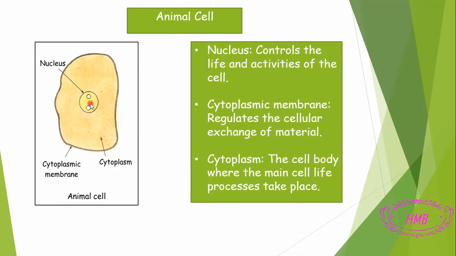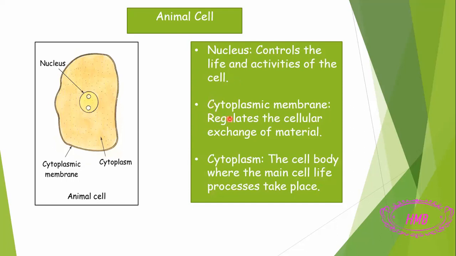The nucleus's job is to control the life and activities of the cell. Everything that the cell performs will be controlled by the nucleus. You can say that the nucleus is the boss of the cell. Every action the cell does will be controlled by the nucleus.